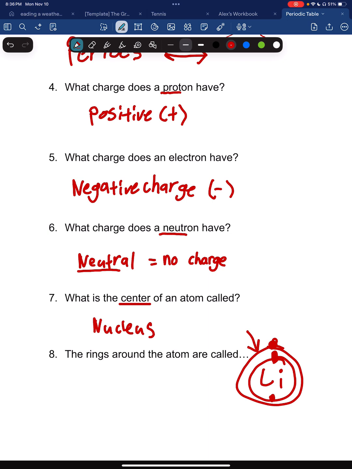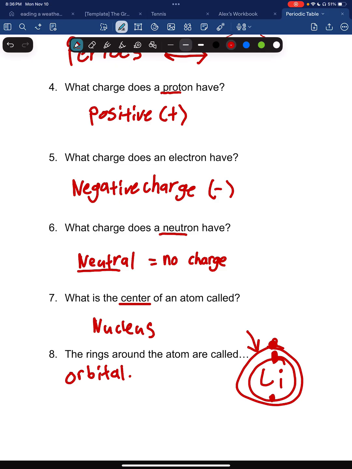This is called an orbital. Okay. An orbital. If you're unsure what an orbital does, think of it like this. When something is orbiting something else, that means it's going around and around. Think of it as the moon is orbiting the Earth, and the Earth is orbiting the sun. Okay.